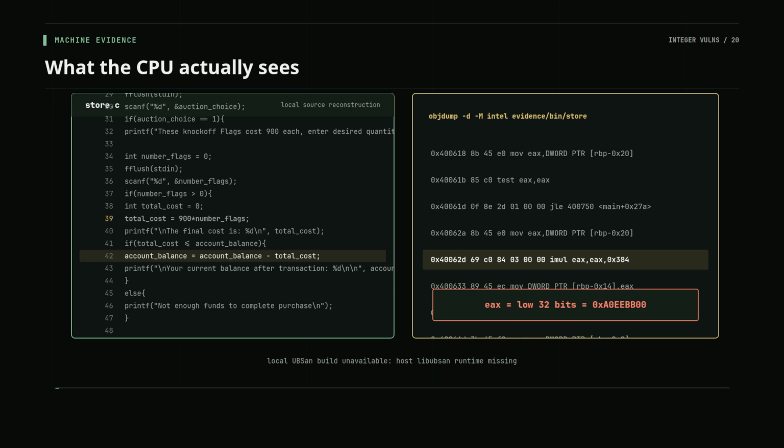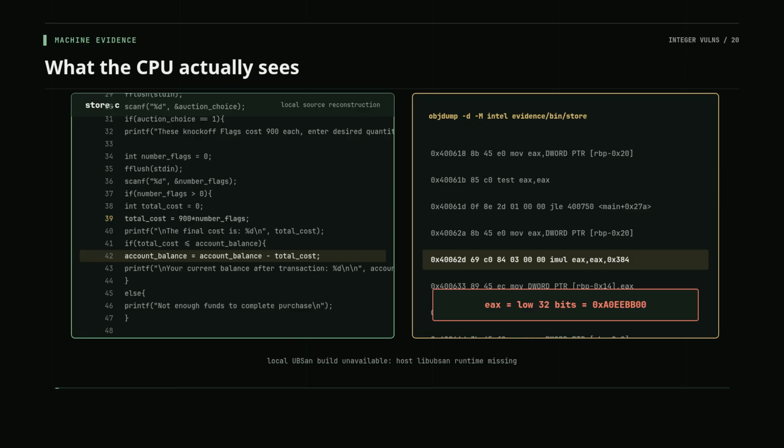The multiply instruction is at address 0x40062D. It is integer multiply EAX by 0x384. The immediate 0x384 is 900. EAX holds the low 32-bit result, and the program stores it as total cost. That is the bridge from C to silicon.